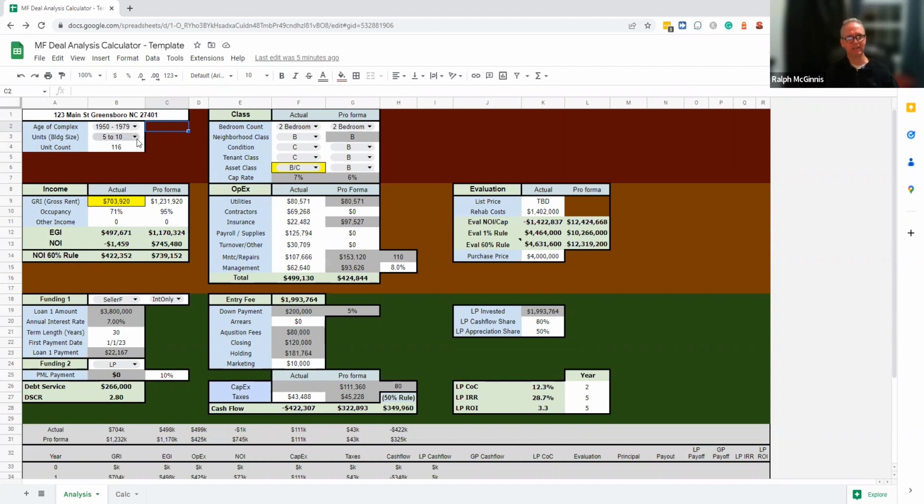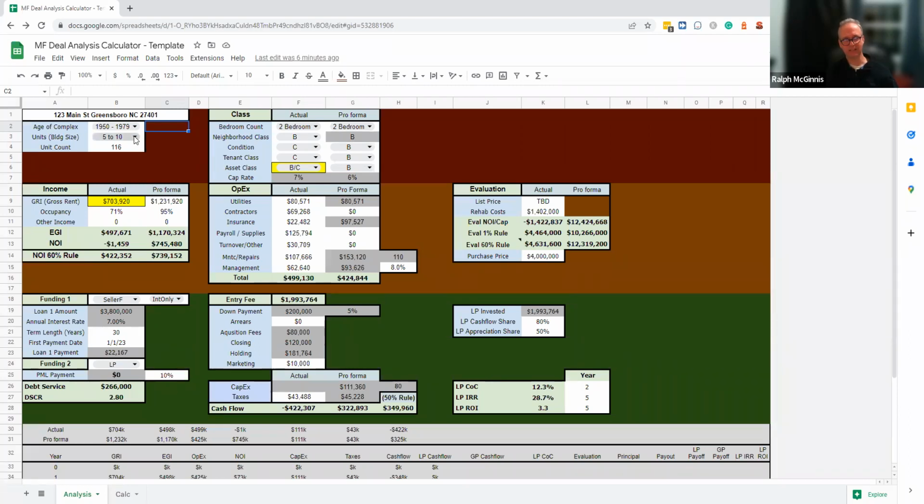The next one is the units building size. The building size is different than the total unit count, because if you're dealing with a property where each building is, let's say, 8 units per building, that means you share a roof and a foundation with 8 units. And it has its own particular infrastructure within that building for those 8 units.